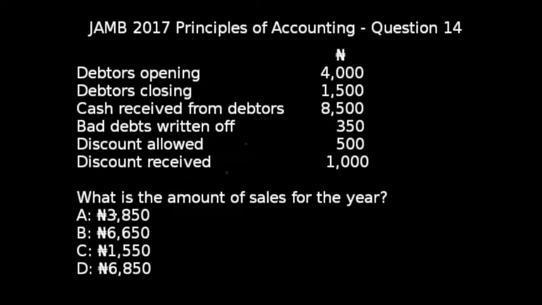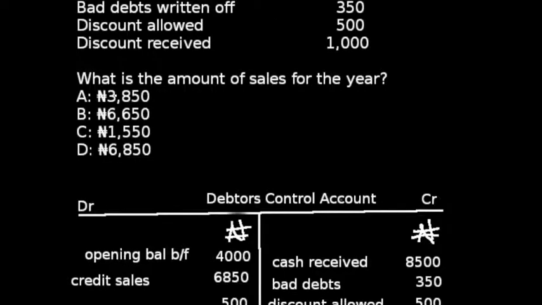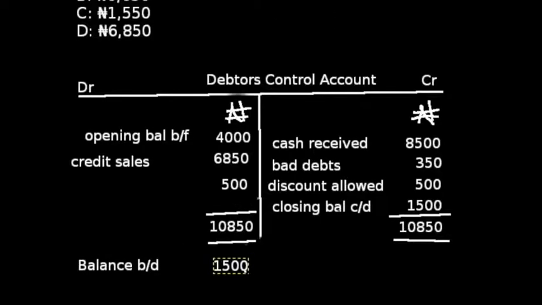Then we quickly move to the next item, which is bad debt written off, 350 naira. We have to post it also to the credit side, bad debts written off. So we write bad debts to shorten the items.